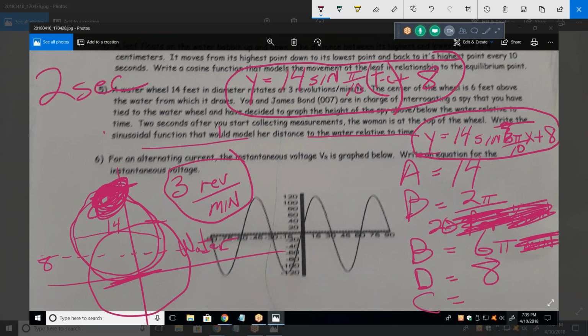And we're going to be able to solve for it by taking this additional information. At the end of 2 seconds, this thing is at a maximum. She is at the top. Okay. So that tells me that that part of it right there has to equal what?